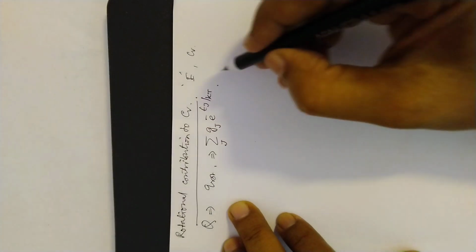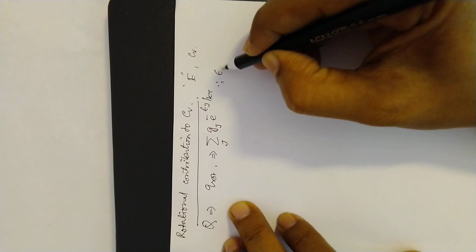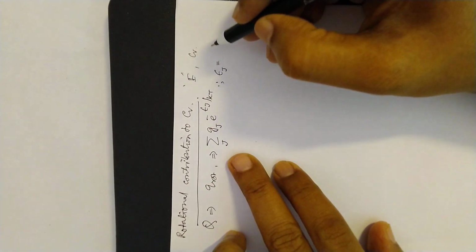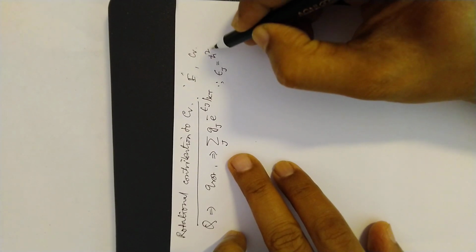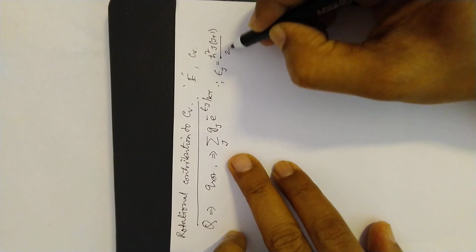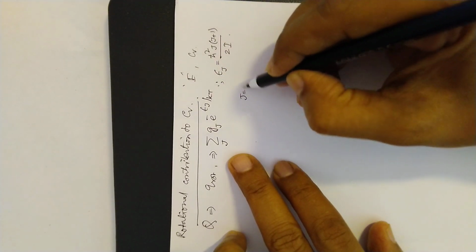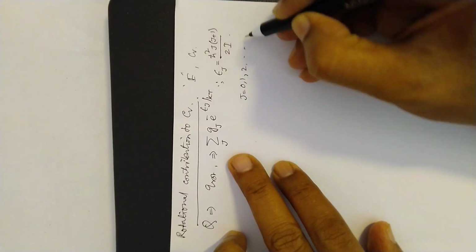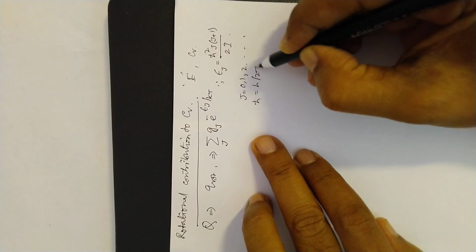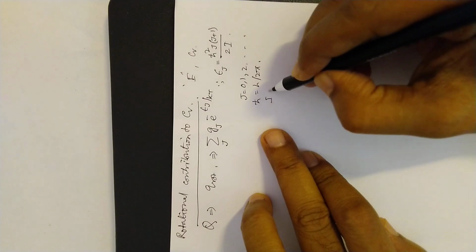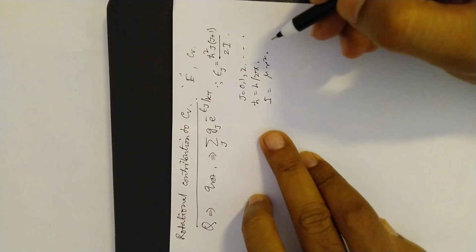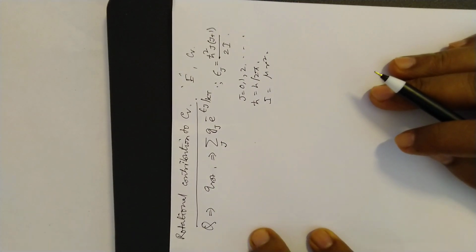The energy levels associated with rotational quantum number J are ħ² J(J+1) divided by 2I, where J goes from 0, 1, 2, etc. ħ is h by 2π, and I is the moment of inertia, that is μr², where r is the bond distance and μ is the reduced mass.